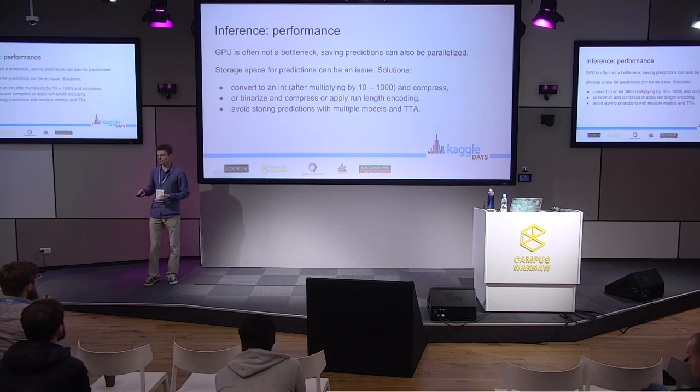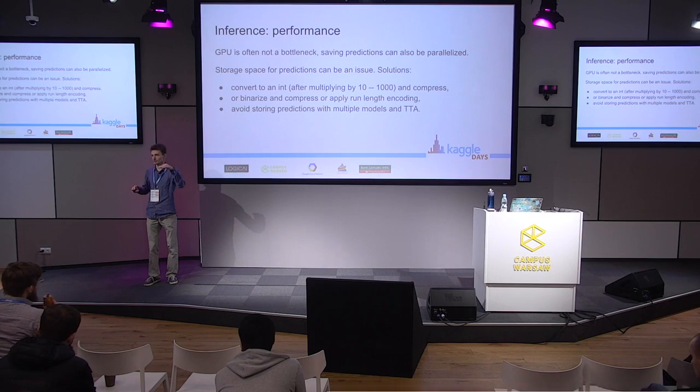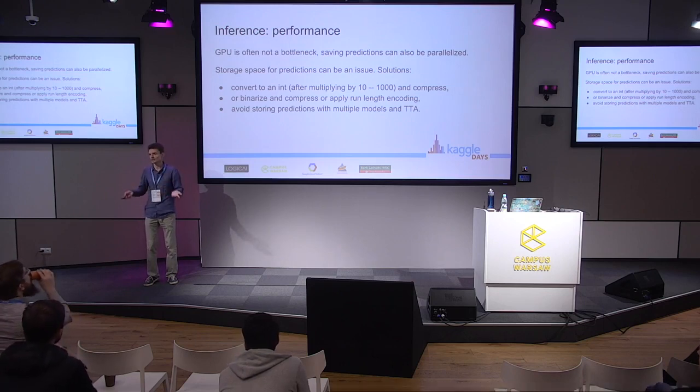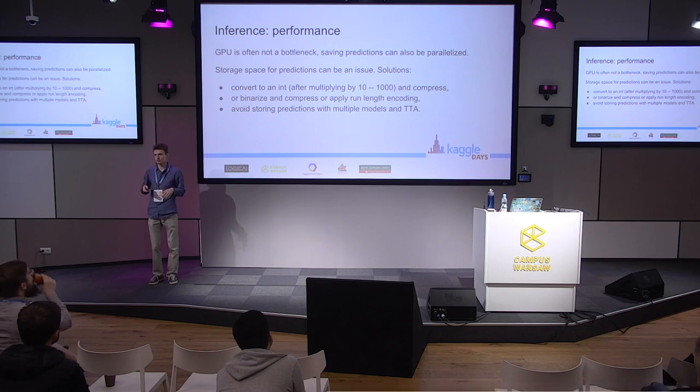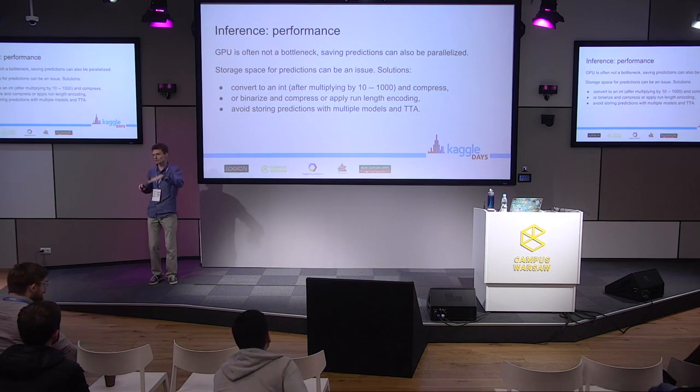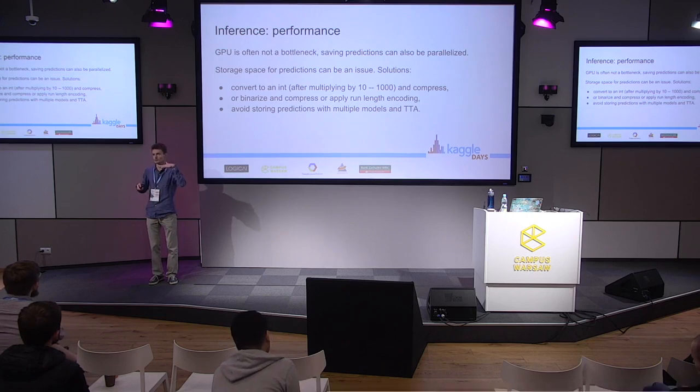So yeah, two options. First, you can binarize it, below some threshold and above some threshold, and this is fine if you only need this, but often you need to have some probability. For example, you need to average several predictions, or you need to do some second level model. In this case, a simple hack is, for example, if the probability is from 0 to 1, you multiply it by 100, you have numbers from 0 to 100, and then you compress this NumPy array.